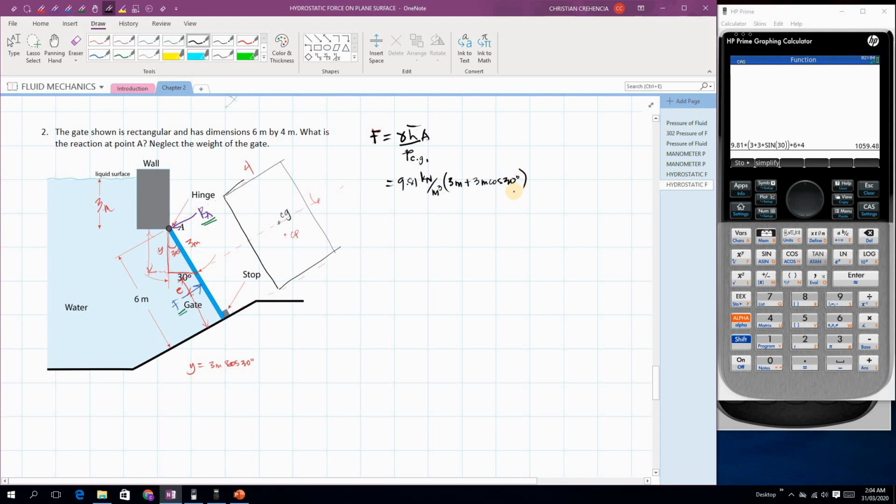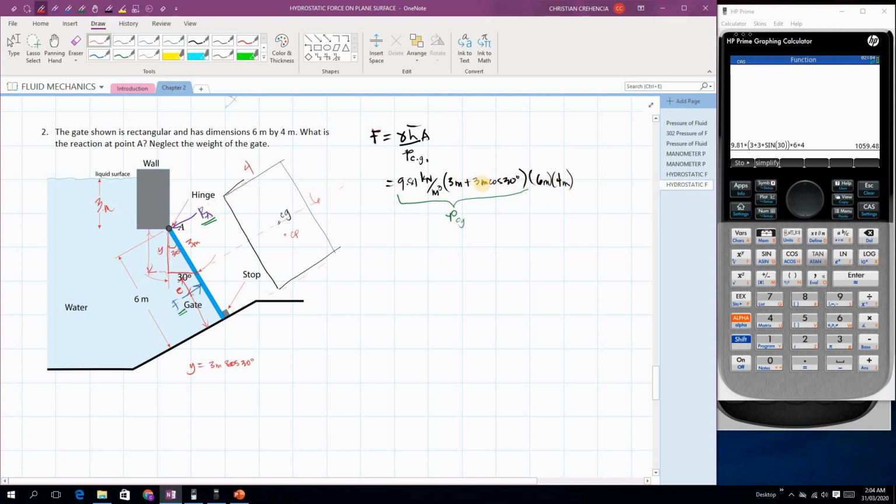Okay? So, yan yung ating pressure sa center of gravity. Then, multiply natin ng area. So, area natin is 6 by 4 meters.